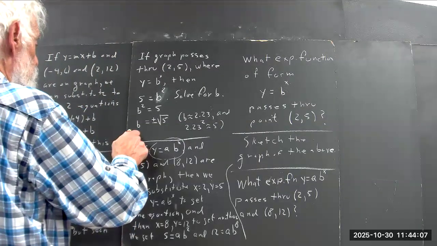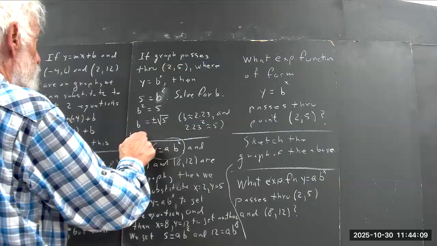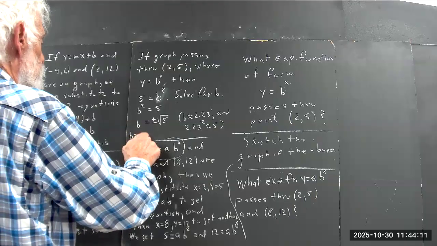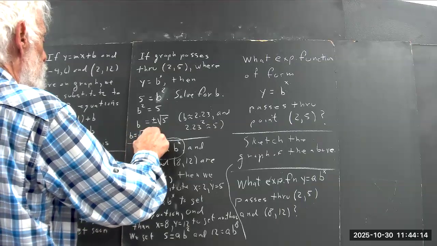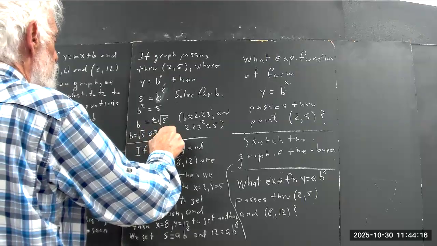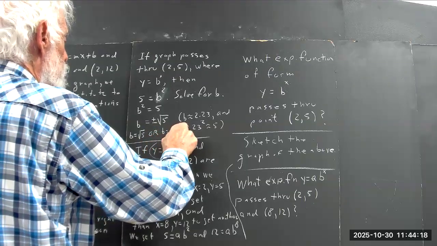So those are your solutions. B equals the square root of 5, or B equals negative square root of 5.